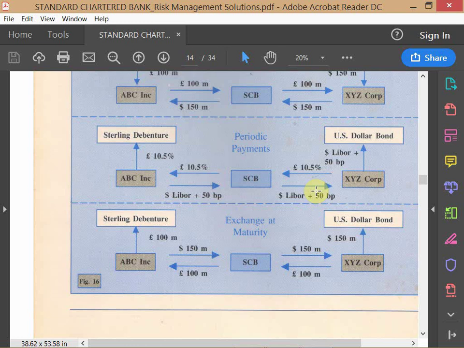So essentially you give me a swap price. It's a cross currency IRS that I want to do with you, and on the floating leg of the swap I want to receive dollar LIBOR plus 50 basis points. Now you tell me how much you want me to pay on the fixed rate sterling.